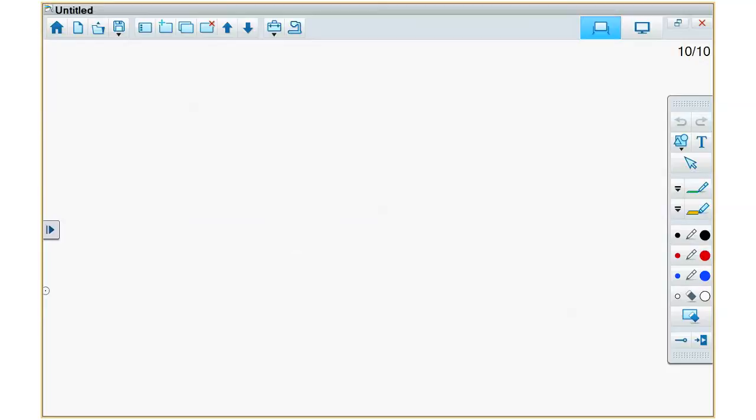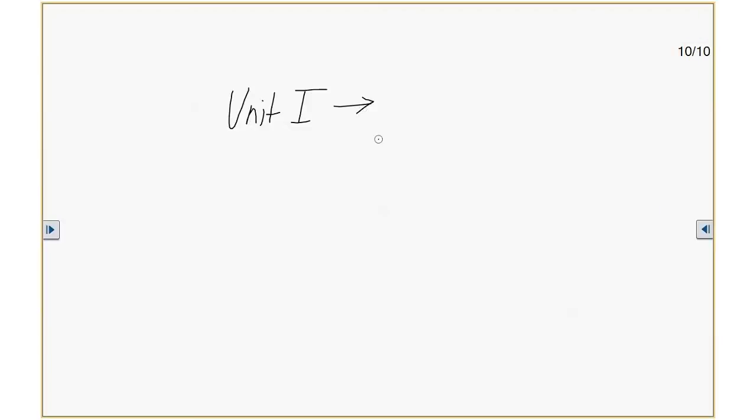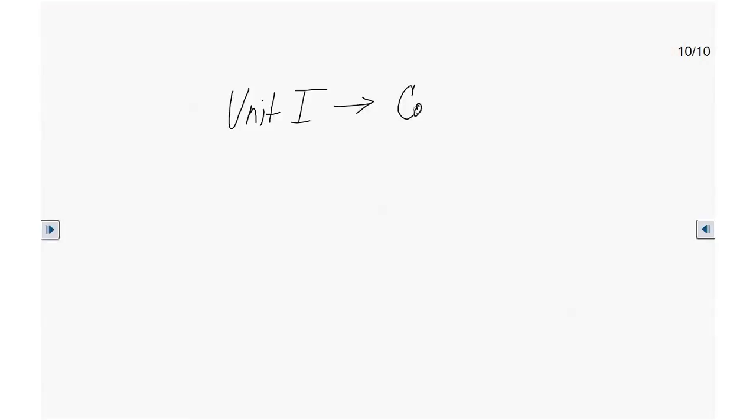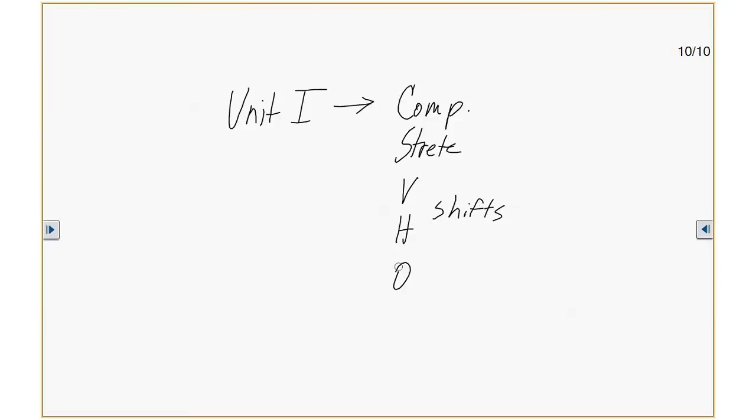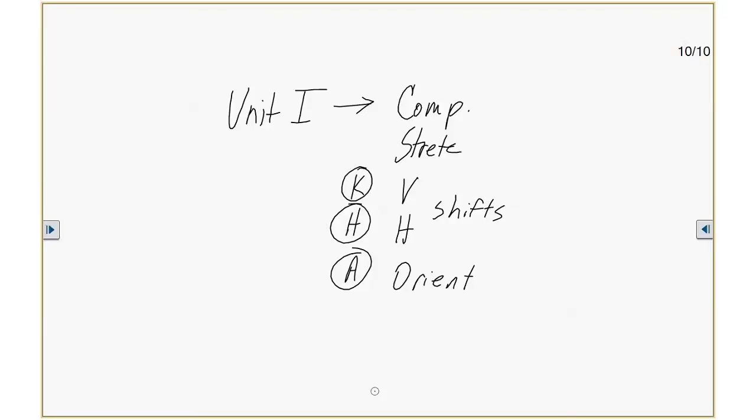The Unit 1 test will be heavy on compression, stretching, vertical and horizontal shifts, and orientation. In other words, A, K, H, and then what that tells you. That's what Unit 1 will cover.